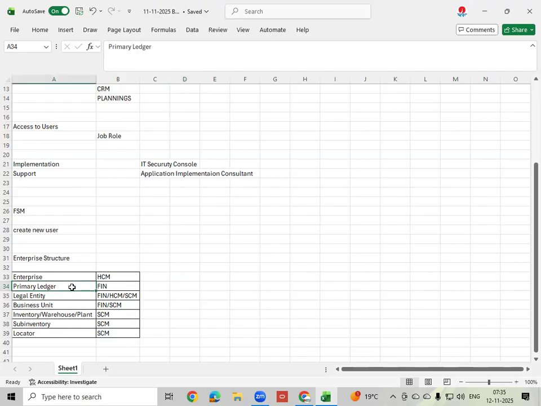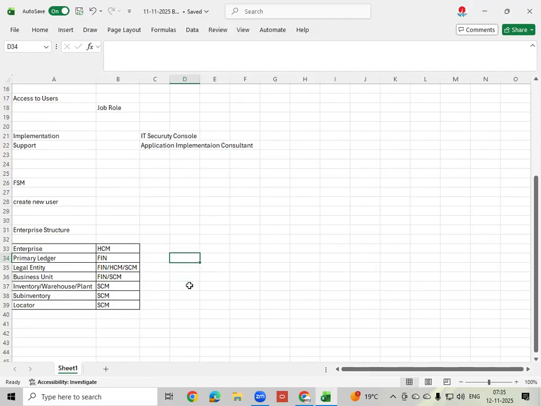In the primary ledger, they will define the chart of accounts setup. And the chart of accounts will define the cost center segment. The cost center segment will be associated with division. So this is the way we have a link with the enterprise structure. They will not keep it directly in the enterprise structure. Okay, don't worry about that. So this is one thing.